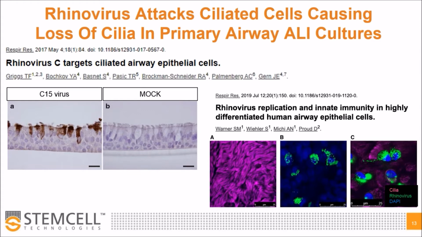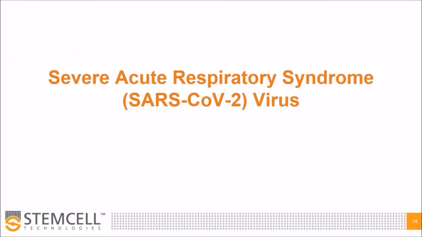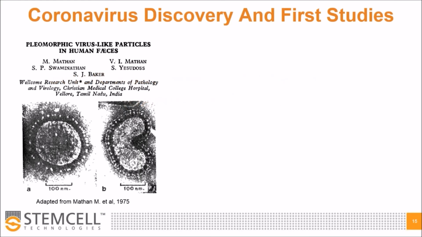As you know, at the moment we are fighting a very big war against a specific respiratory virus. And you can imagine that I'm referring to severe acute respiratory syndrome coronavirus 2, SARS-CoV-2. So coronaviruses have been studied for a really long time now.